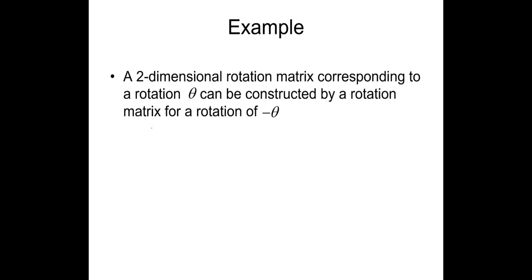Let's start from the beginning. If we do a 2D rotation, here I have my x0, y0. If we do a 2D rotation with theta, here I have my x1 and y1 with a rotation of theta.